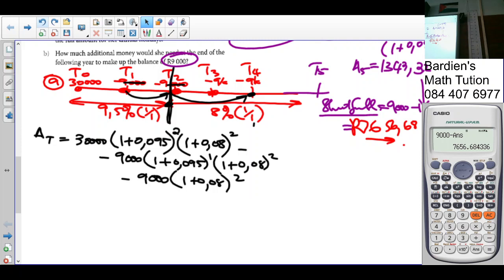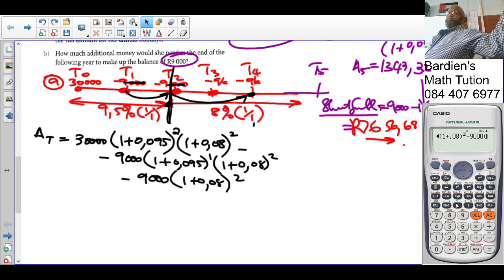So let's disprove what I'm trying to show you earlier on. You're going to say 30,000 into 1 plus 0,095 to the exponent 2 times 1 plus 0,08 to the exponent 2 minus 9,000 into... Sometimes the sum is going to be too long for you to do the calculation as well.